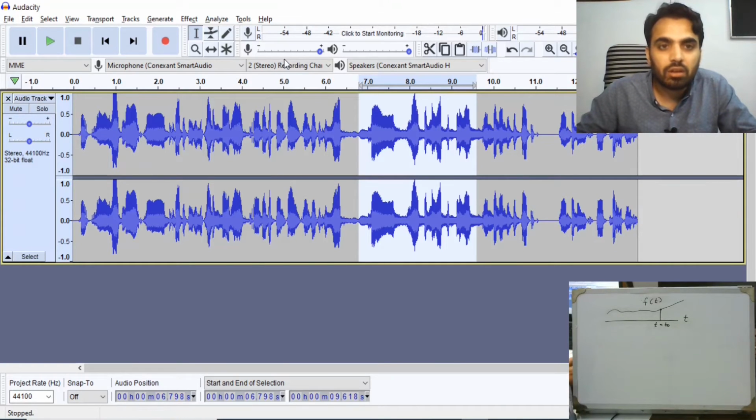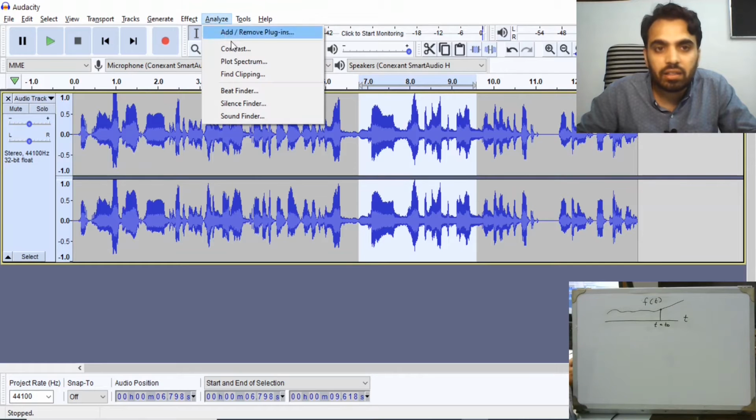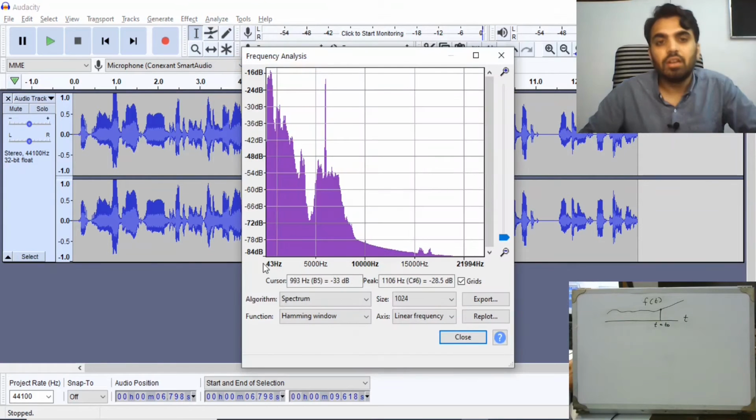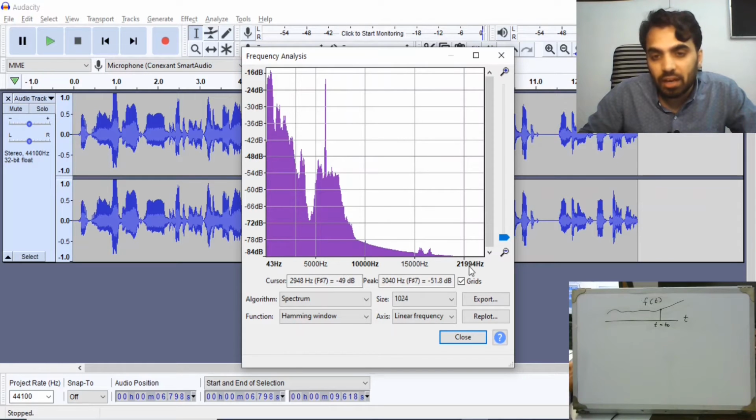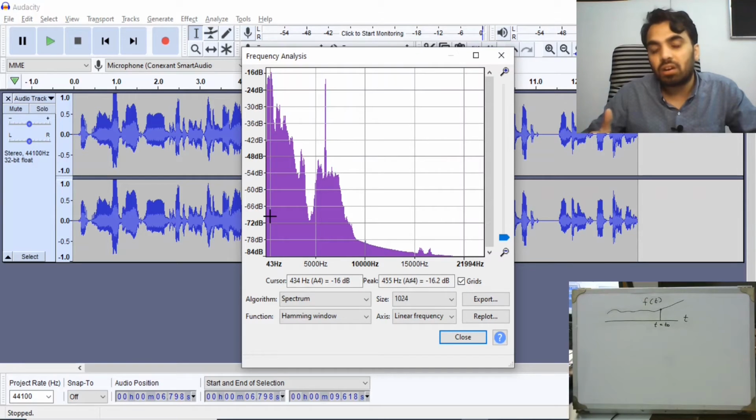However, if we go to analyze and plot spectrum, in the frequency analysis, on the x-axis we have frequency, and on the y-axis we have the magnitude content of that frequency. For example, the amplitude that is stored for a particular frequency. As I mentioned, the human vocal cords operate at low frequencies, usually from 100 hertz to 4 kilohertz.